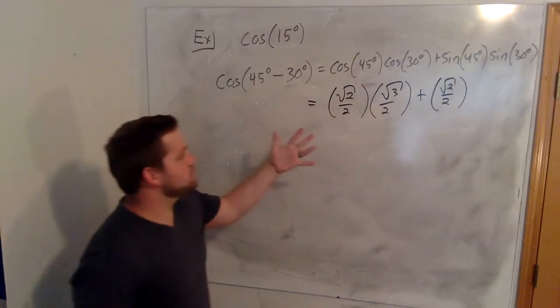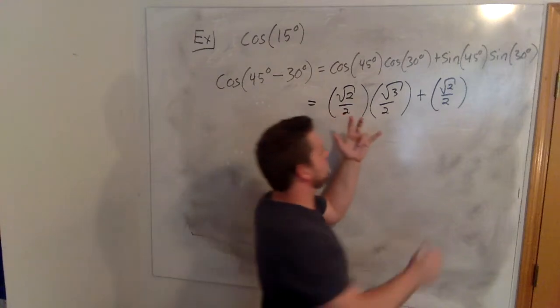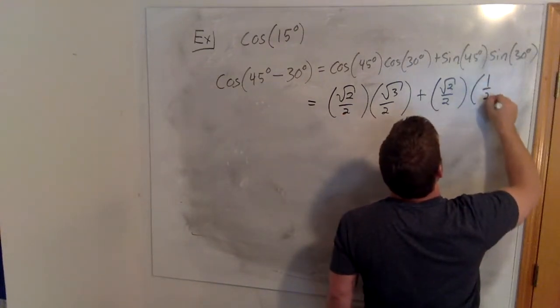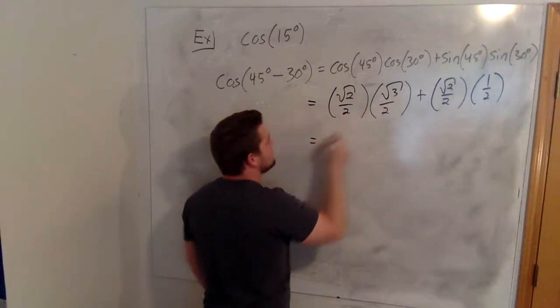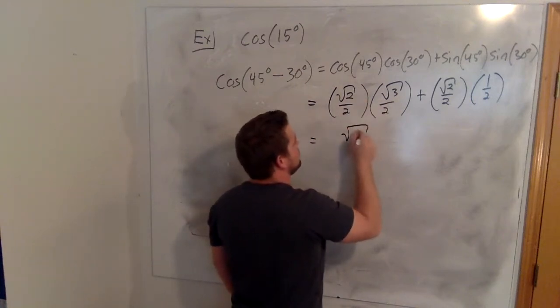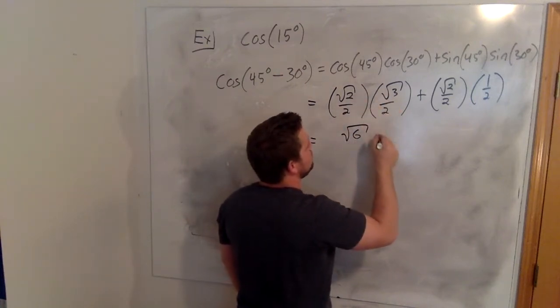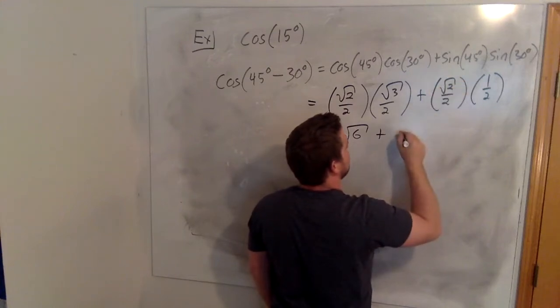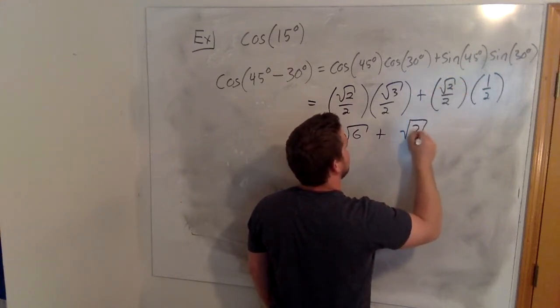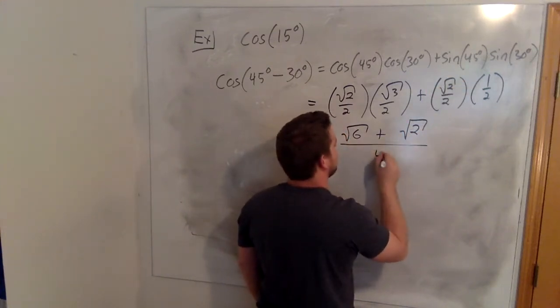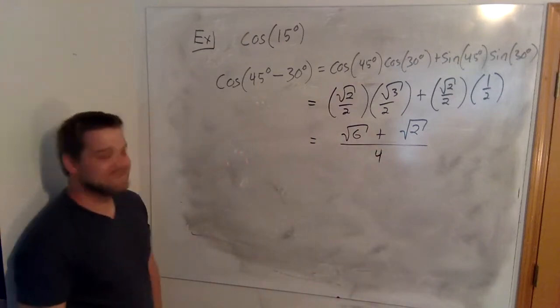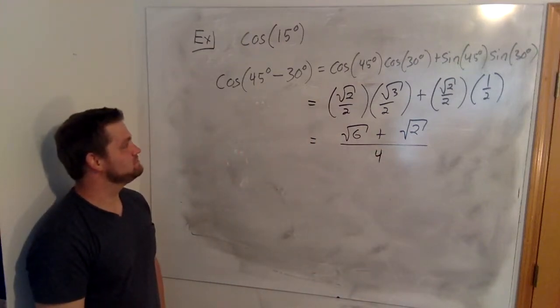And sine of 30 degrees will be 1/2. So what we get here is root 6 over 4 plus root 2 over 4. They have a common denominator, so this will all be over 4. So this is one way to do this problem.